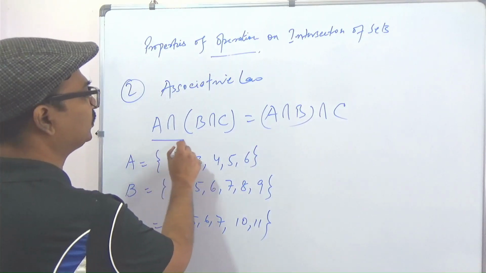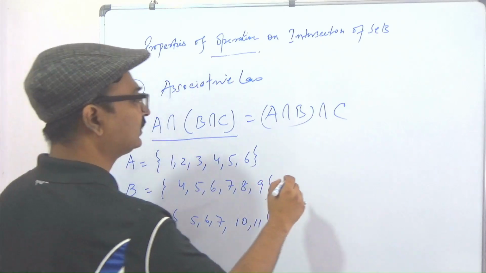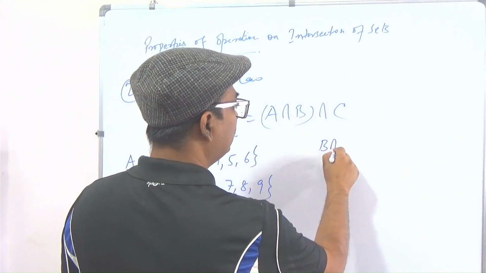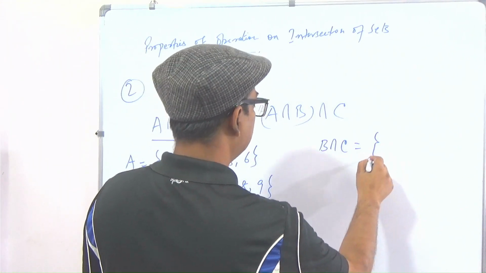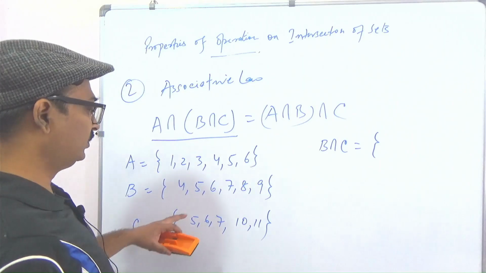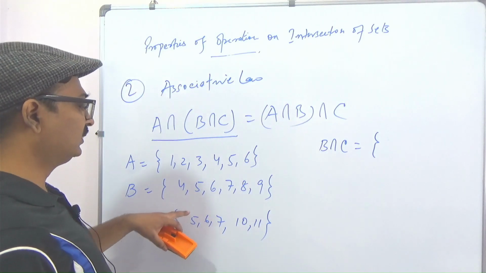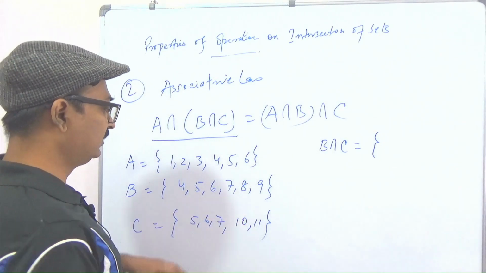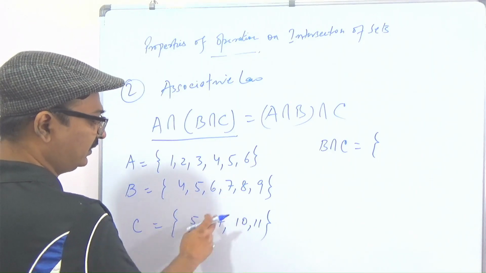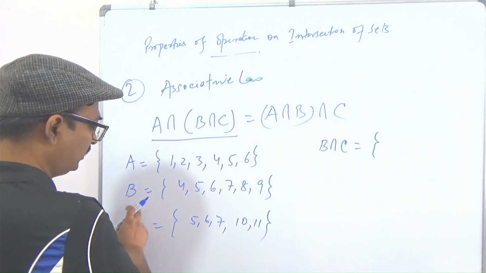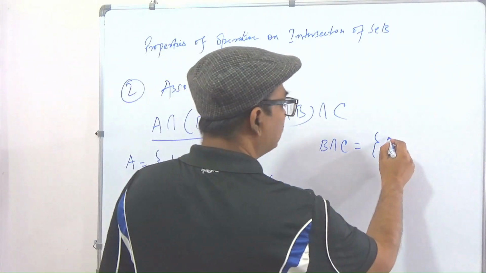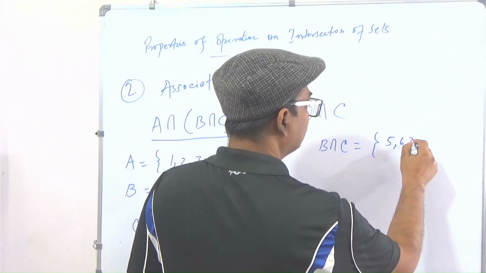Let's take the first part. B intersection C. What is it? B and C. Which are the common elements? 5, 6, 7. See, 5, 6, 7 is common in B and C. So B intersection C is 5, 6, 7.